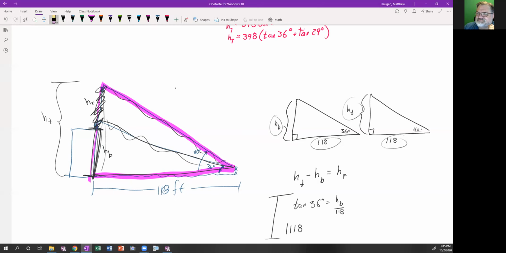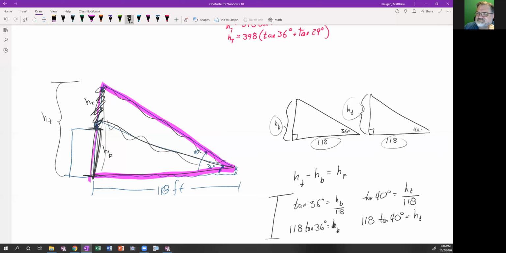Oops, that's too many teens. 118 times the tangent of the 36 degrees is the height to the bottom. The tangent of the 40 degrees is equal to the height to the top divided by 118. So 118 tangent 40 degrees. Make sure you're in degree mode for this problem, by the way. Is the height to the top.